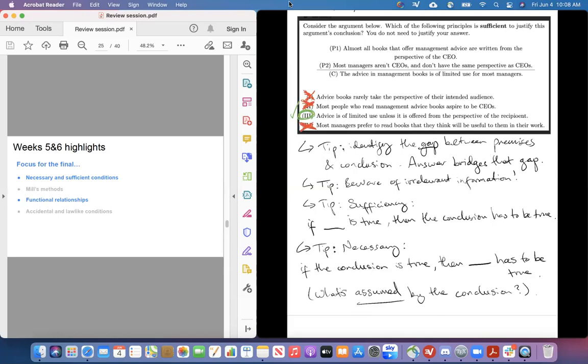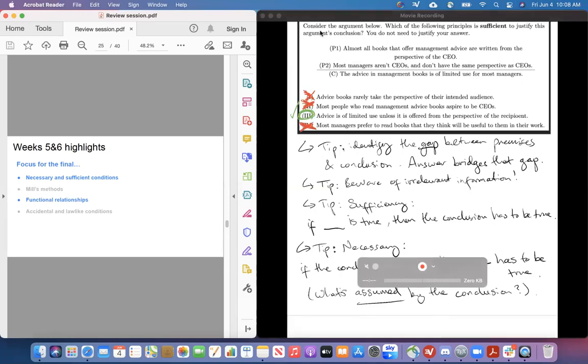Look for that gap between the premises and the conclusion. You are almost looking for a sufficient condition for that conclusion if you are asked which one of these principles strengthens an argument. So that's what I wanted to say about strengthen questions. Use the same kind of tips that we've given here for sufficiency questions.